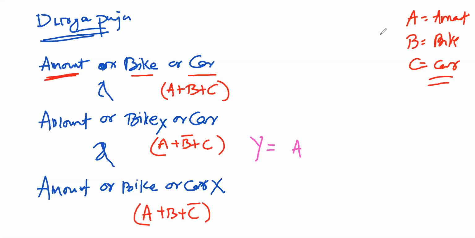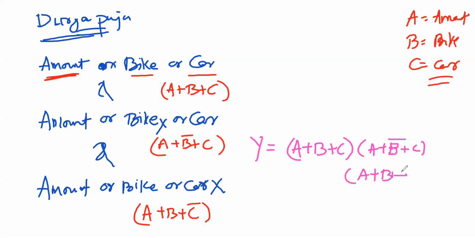A or with B or with C, then A or with B bar plus C, and A or with B plus C bar.